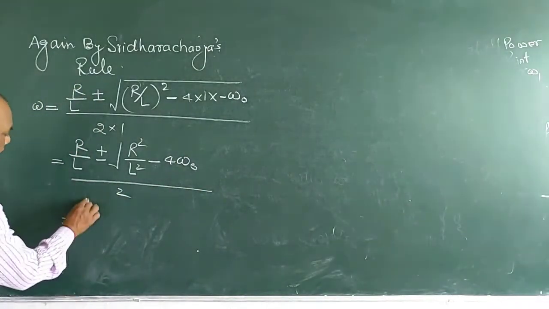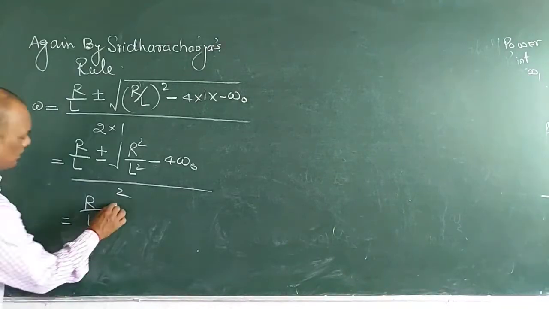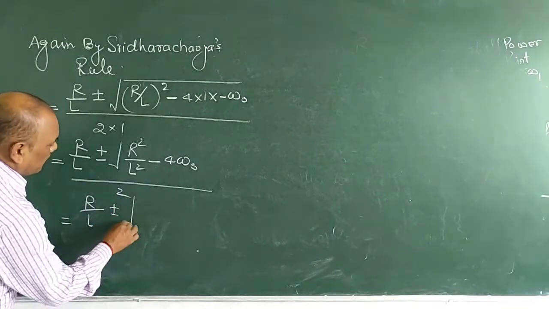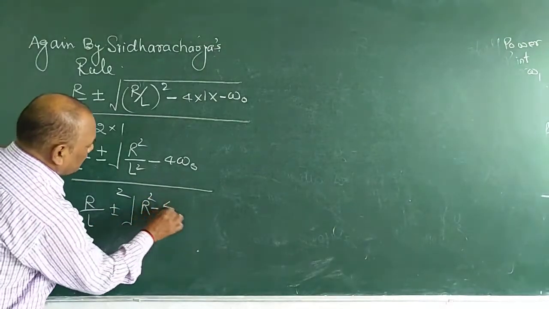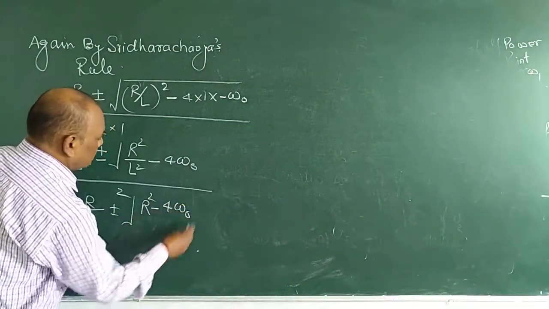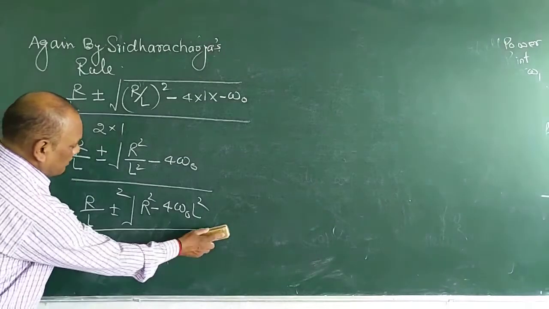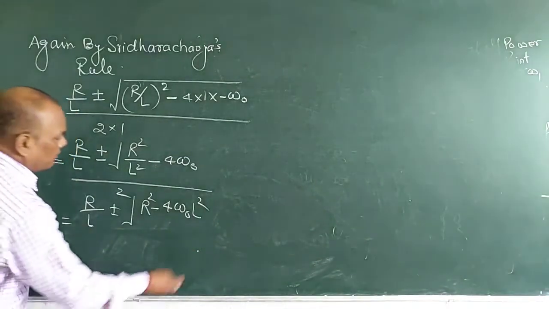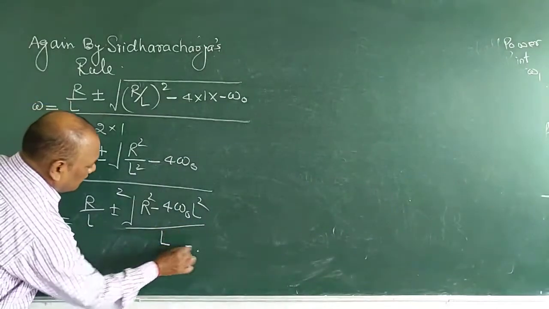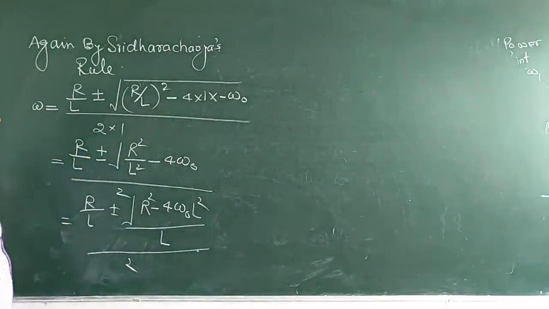Now solving it, we get R by L plus minus under root R square minus 4 omega 0 square L square, divided by L, upon 2.